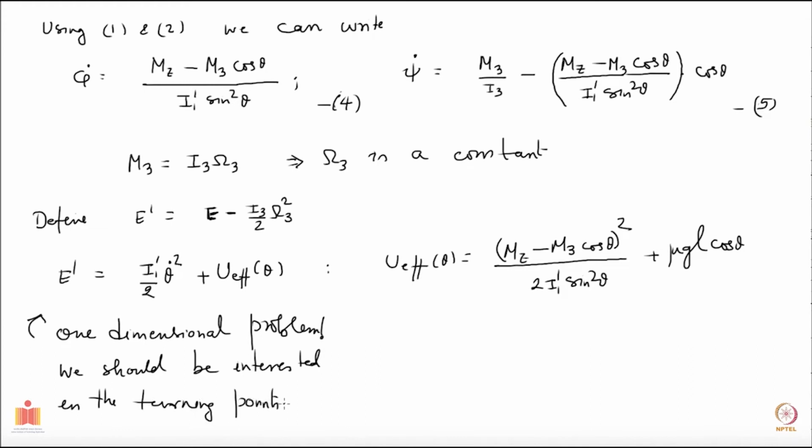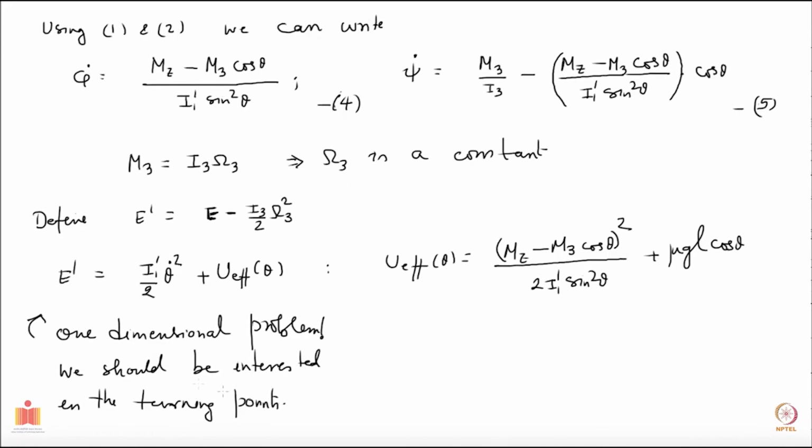Okay, that's good, but before we do all that, let's do a little bit more work. Now I will make a substitution. I will define u as a new variable, equal to cos theta.